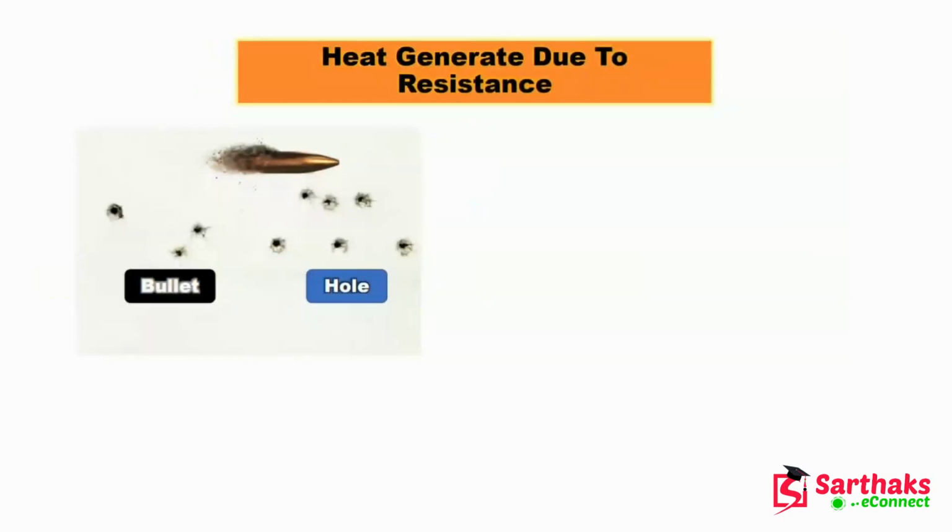Here you can see this is a bullet, and this bullet is fired towards the wall. When you fire the bullet, the bullet has lots of kinetic energy because it was in motion.